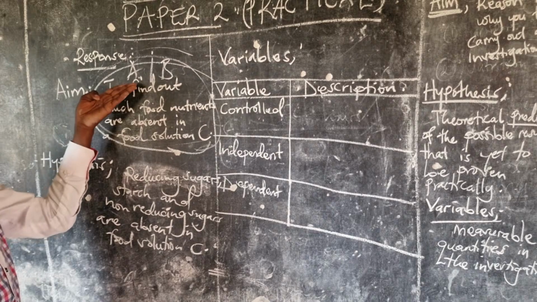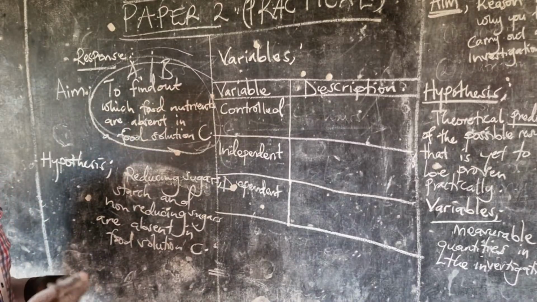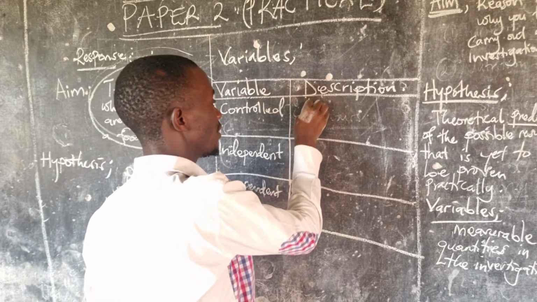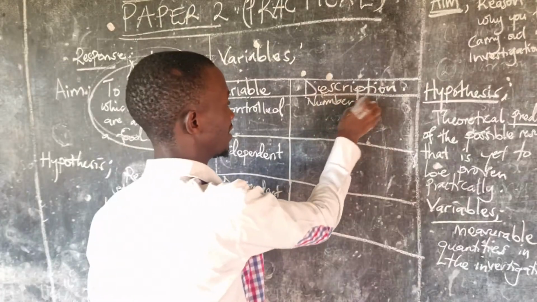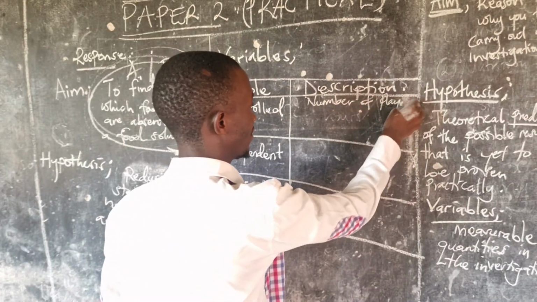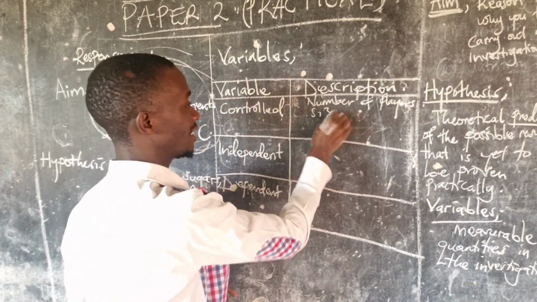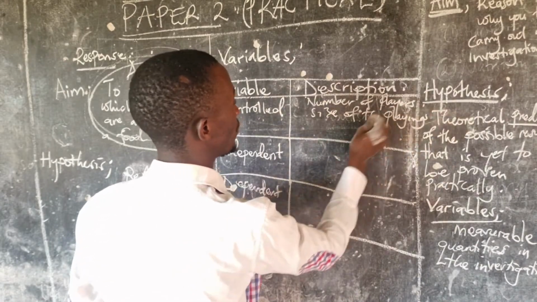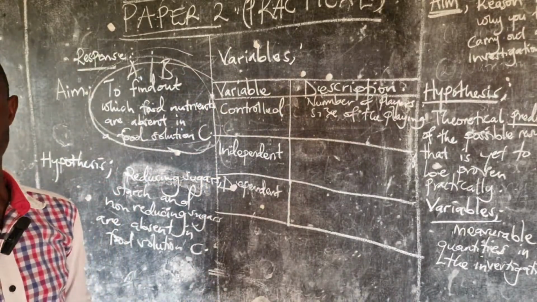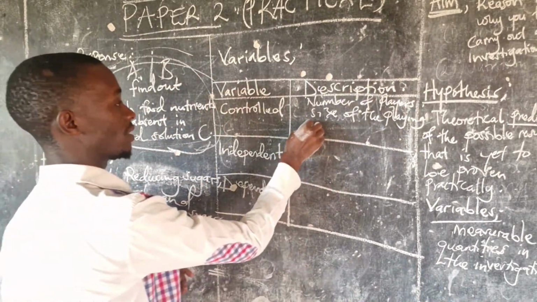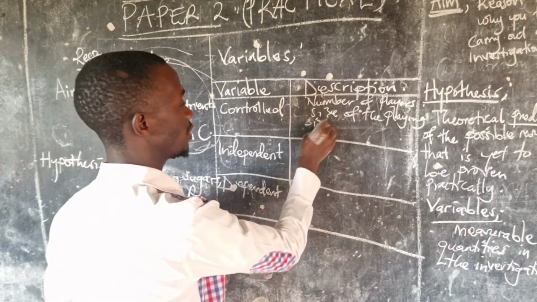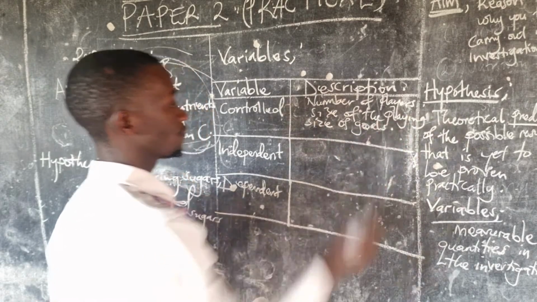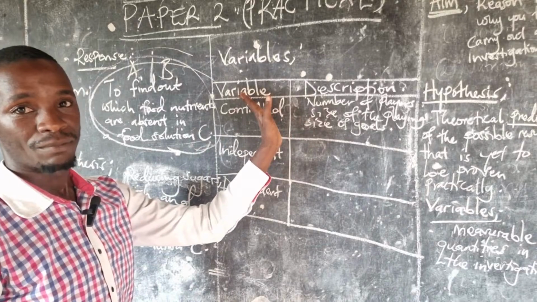For some reasons, I may predict A is stronger than B. But when I come to the table, in my controlled variables, I'll have the number of players per team, size of the playing field, things I'm going to be keeping constant in the experiment, size of goals, and so many other things that are kept constant in a game.